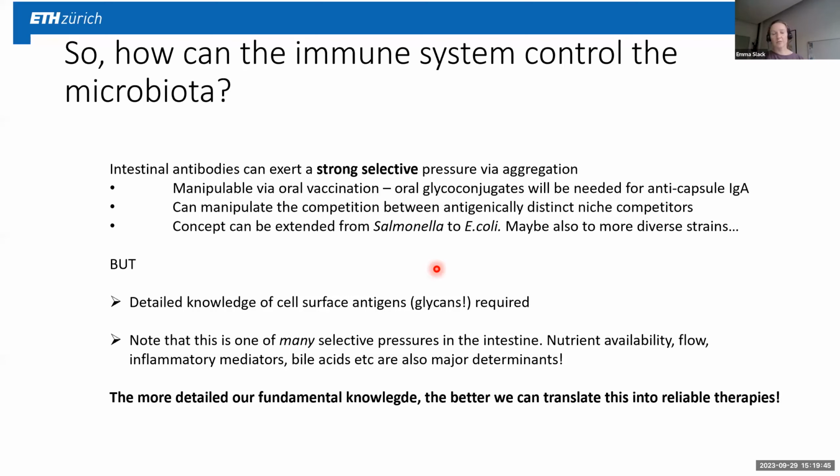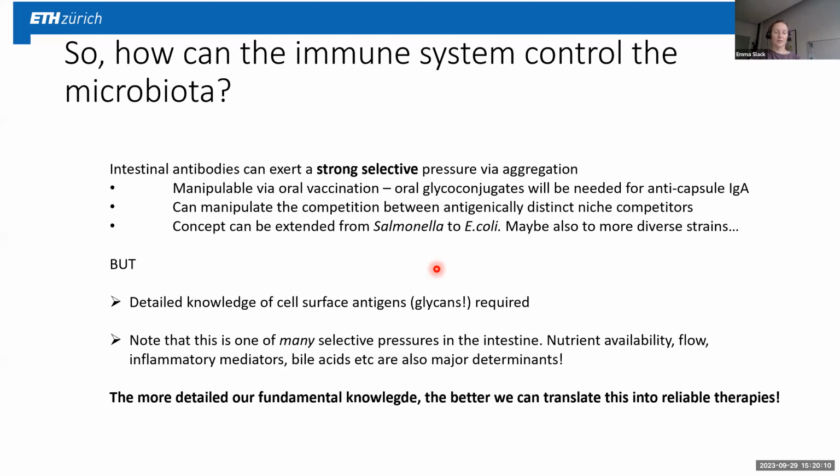And we're hoping we can expand this to more diverse strains than Salmonella and E. coli. But a proviso to this is that we need very detailed knowledge of the cell surface antigens that need to be targeted by IgA, with a further proviso that these are most often glycans, which are unfortunately a bit of a pain to work with. It should also be noted that IgA is one of many selective pressures in the intestine.